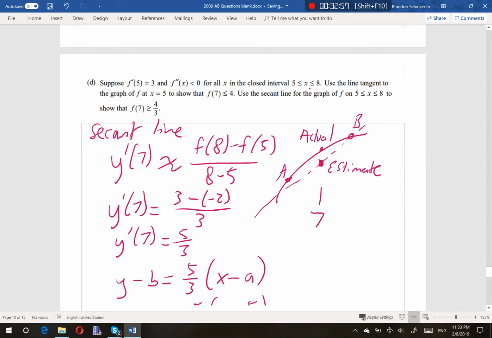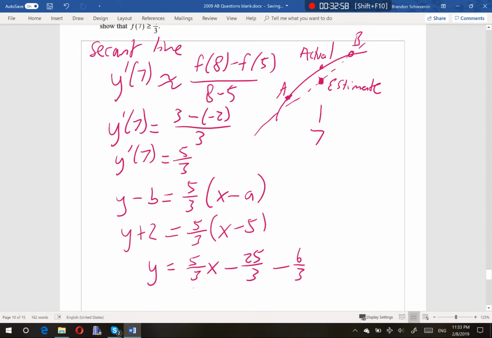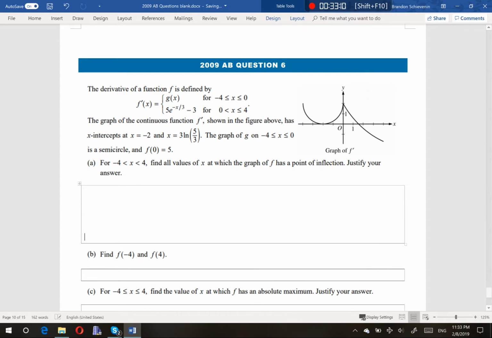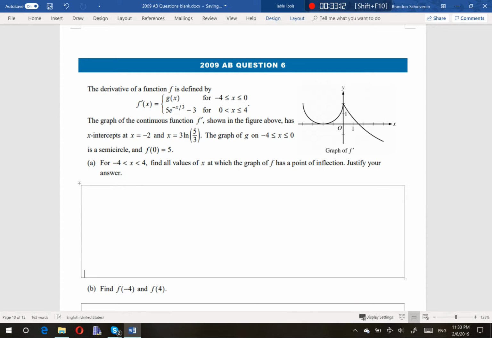Okay. Jumping down to the last one for question 6. For the last one, the derivative of our function is this piecewise function. Our derivative is g of x for x greater than or equal to negative 4, but less than or equal to 0. And our derivative is 5 e to the negative x over 3 minus 3 after 0.